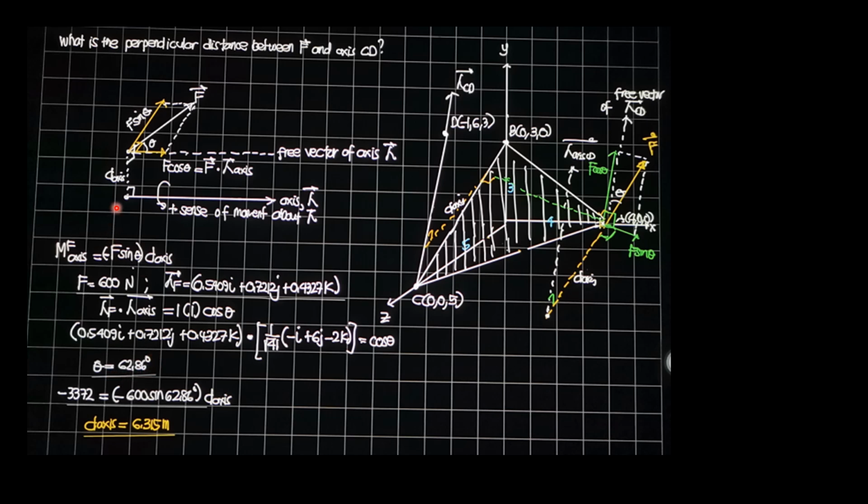We then equate the moment of F about this inclined axis, computed in the preceding slide as negative 3372 Newton meter, to negative F sine theta times the perpendicular distance, that's our guide: negative 600 sine of 62.86 degrees times the perpendicular distance. So solving for the perpendicular distance between F and this axis CD, it is 6.315 meters.